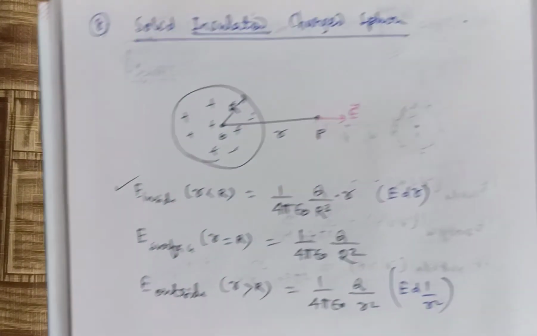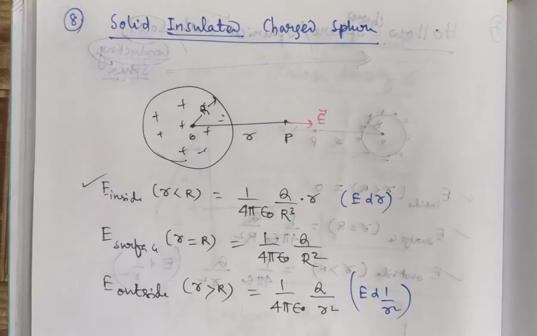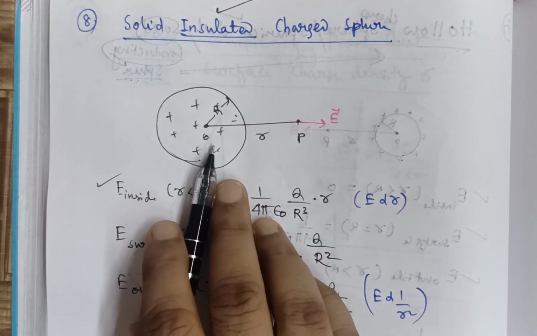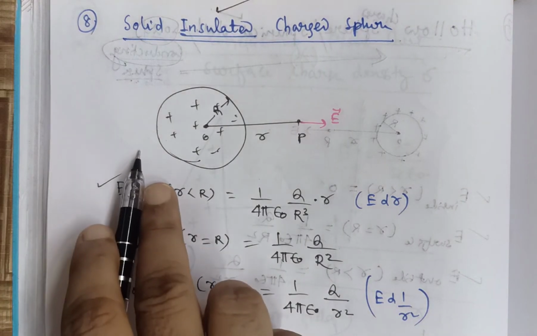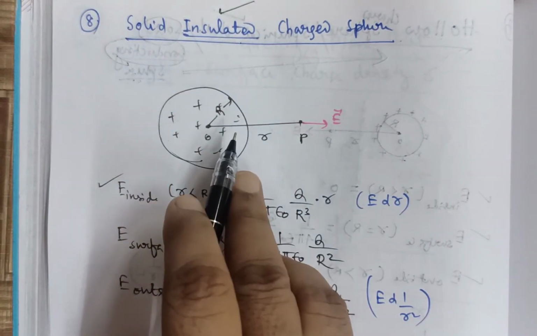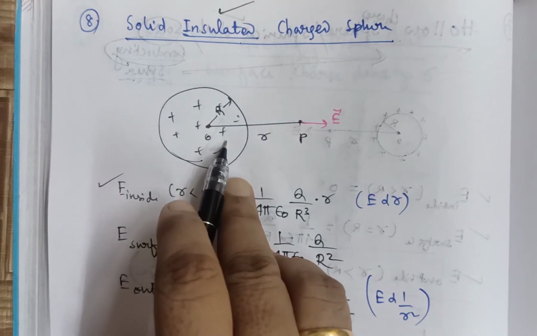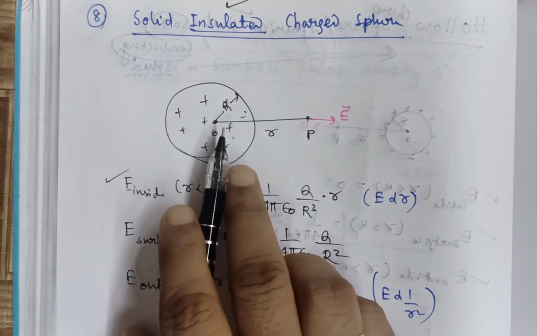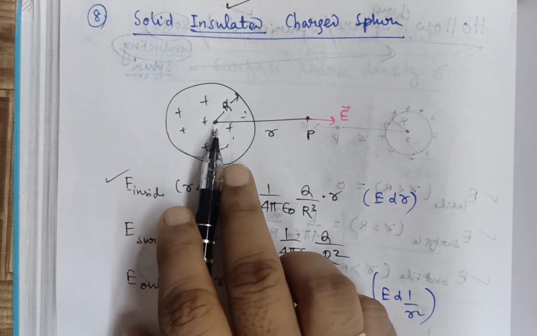Now this last example for you, this is a solid insulated charged sphere. That means it is a sphere of wood. Previous case, that is the sphere of iron. As it is insulated, charge will reside inside and on the surface. So there is no empty space, charge is inside here. So the formula is different.